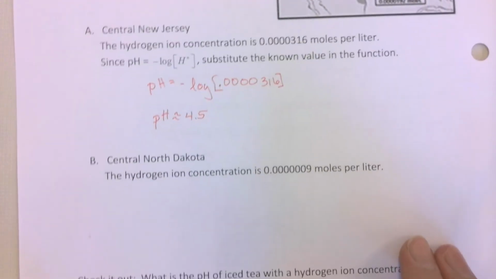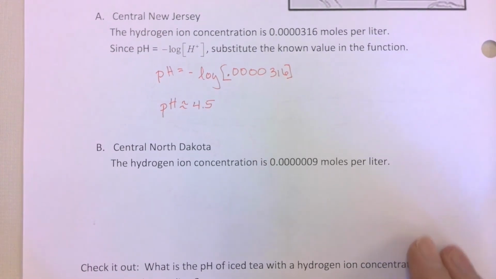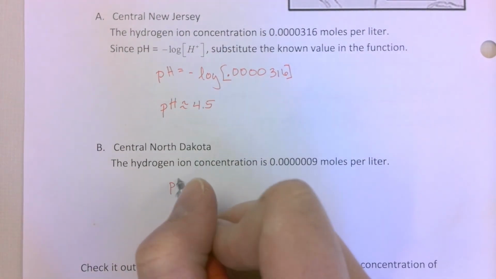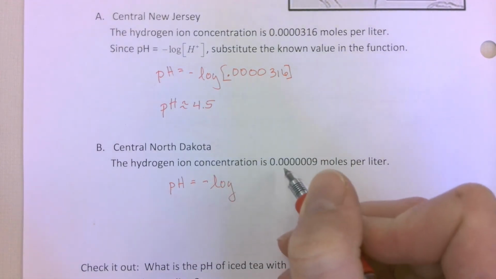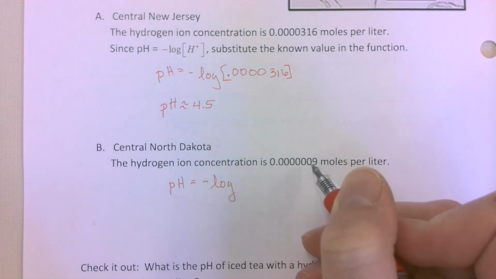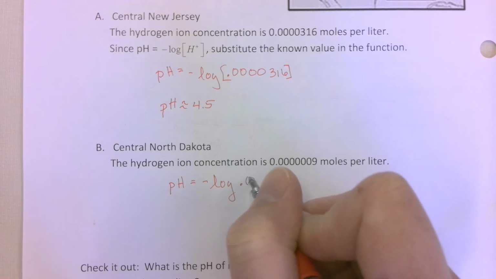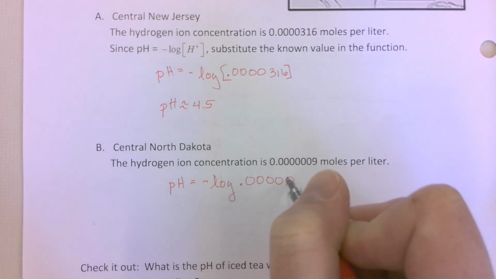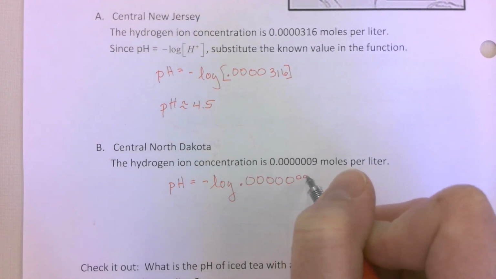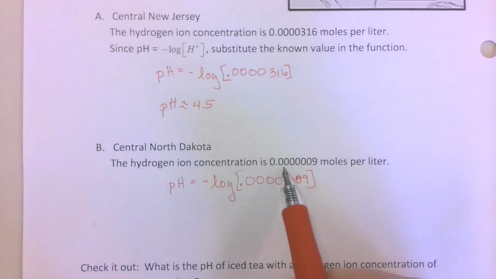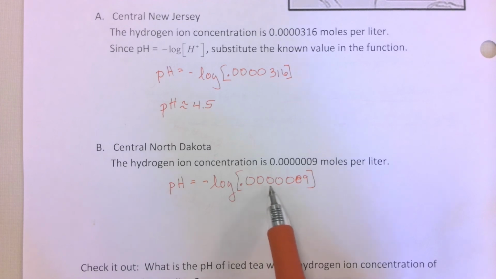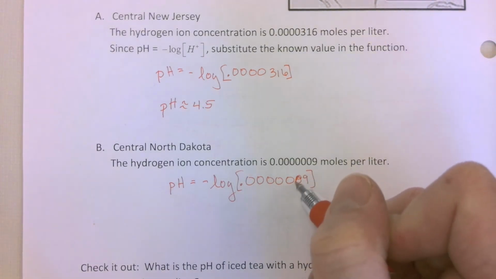Let's compare that to central North Dakota. Again, I'm going to take my pH level, -log, and I have 1, 2, 3, 4, 5, 6 zeros and a 9. Make sure I have that right. Okay, that's a 0 there.